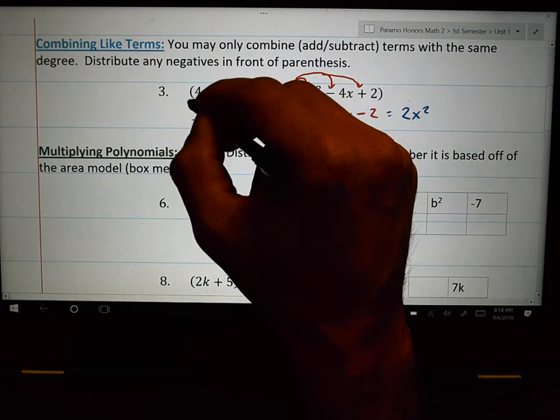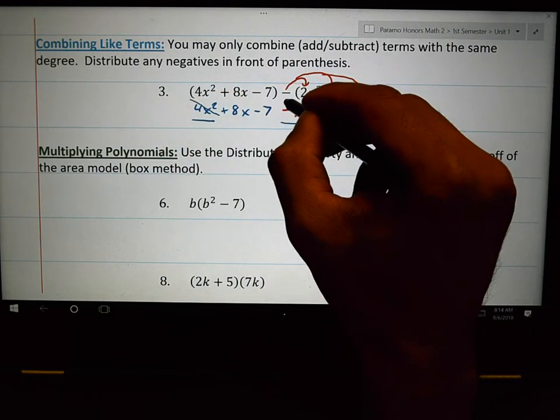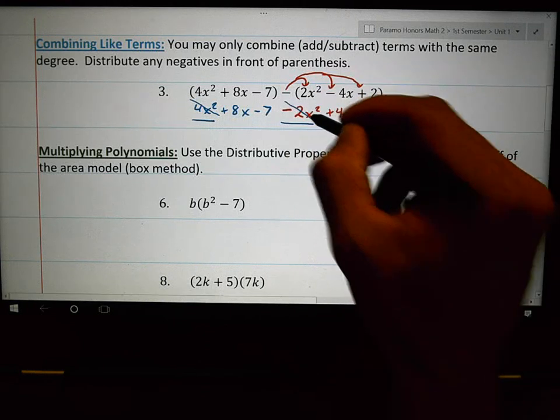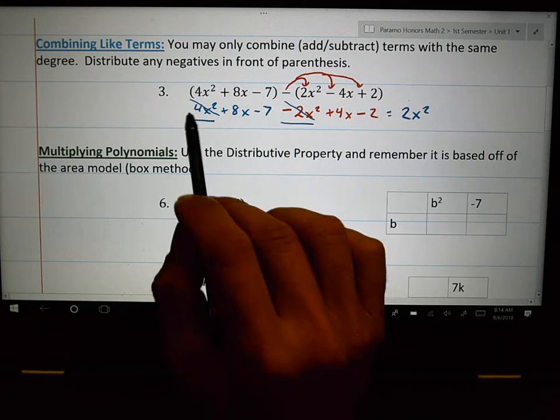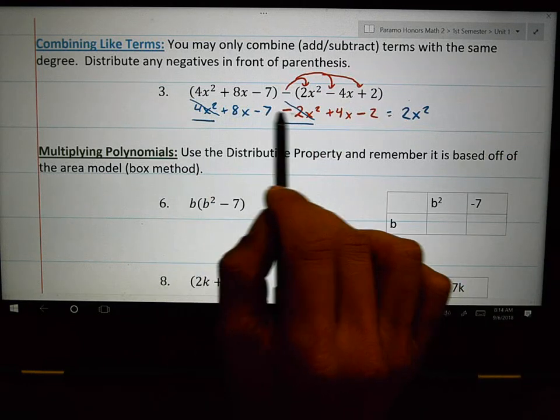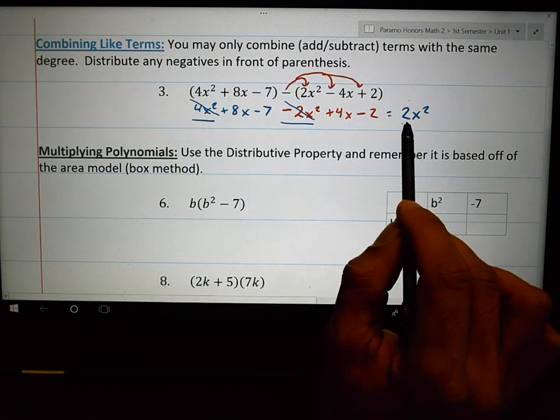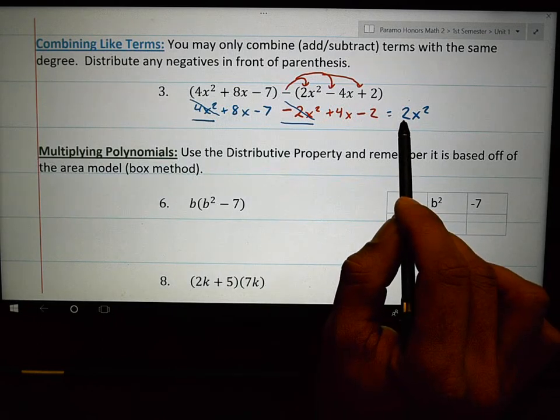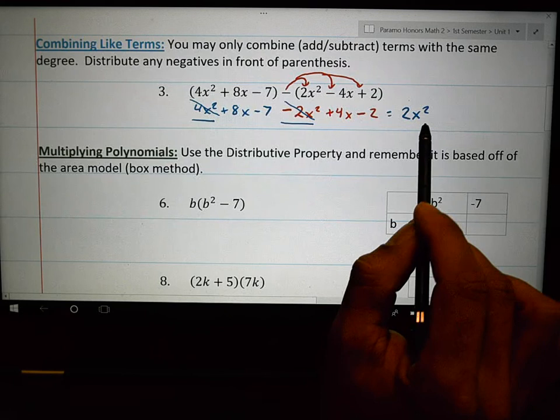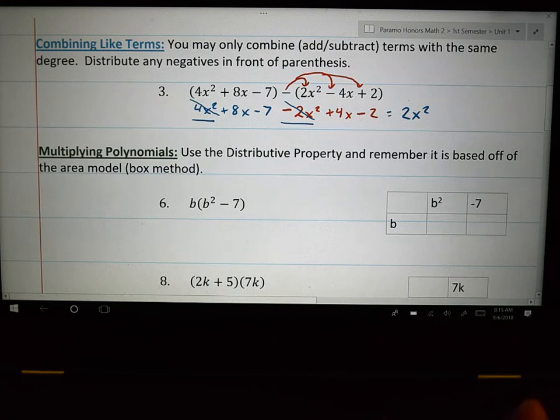I'm going to put a little line through it so I know I've done those two things. Notice we only added or subtracted the coefficients. The x squared stayed the same. It's because we're not multiplying them. We're adding or subtracting them together.